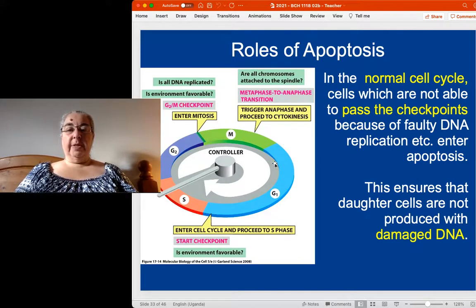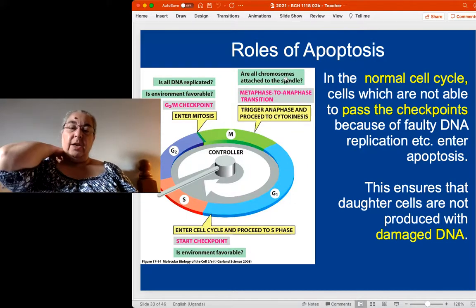But what happens if it reaches a checkpoint and the answer is no? If, for instance, the DNA is not all replicated, or the environment is not favorable, or if all the chromosomes are not attached to the spindle.